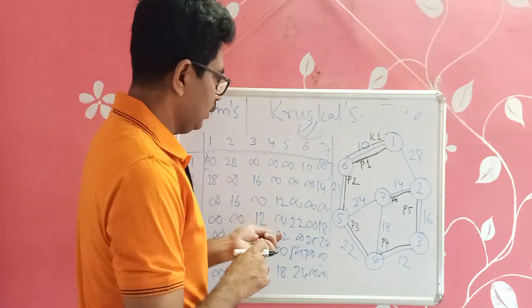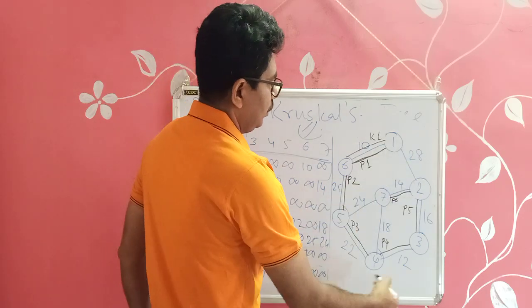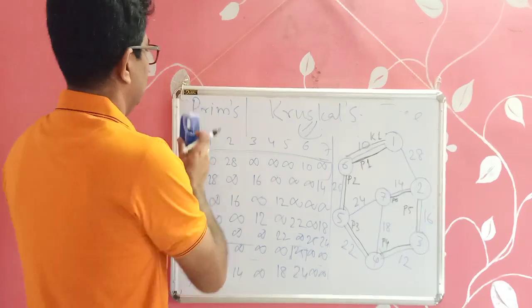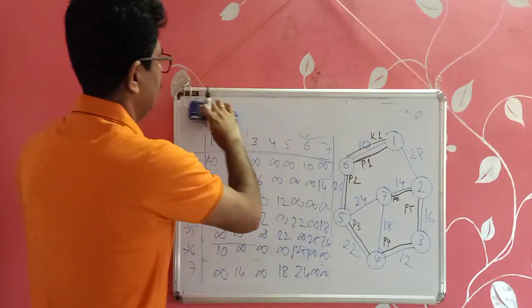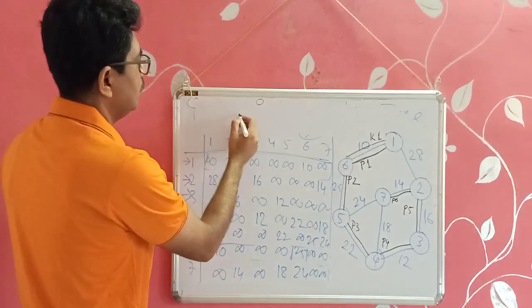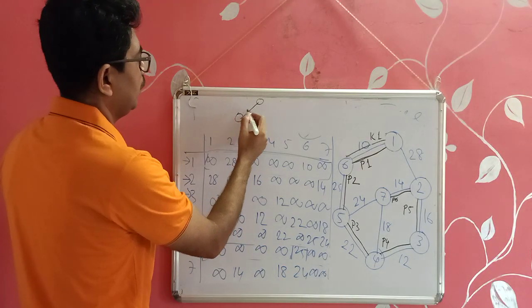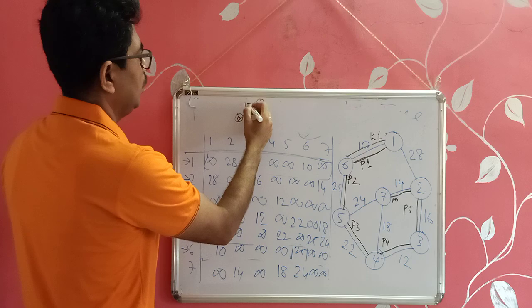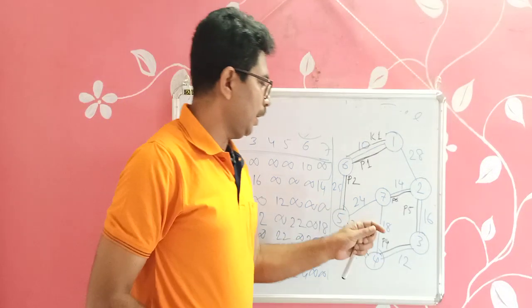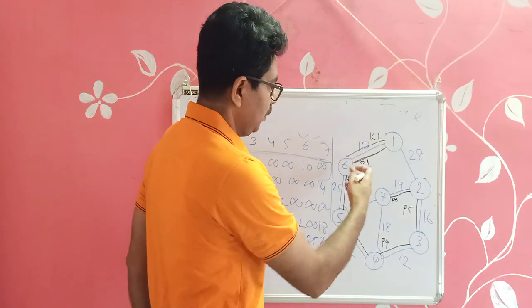Next, among all these, if we draw, then we can write that in the first step we have got the edge 1 to 6, 1 and 6 with the edge, and this has been given by Kruskal. So next we will select the next minimum.